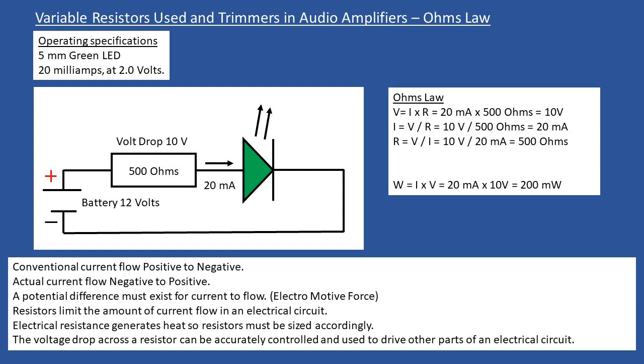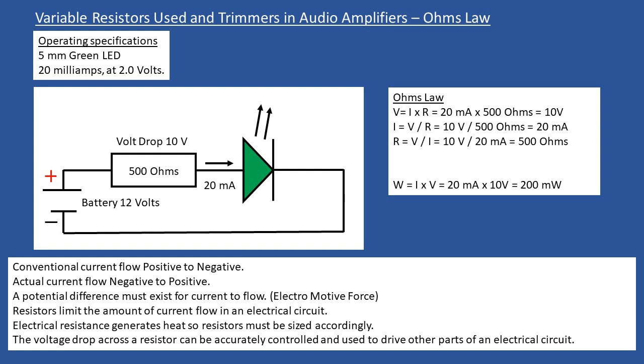If both terminals were anodes, then again there is no potential difference, so no current can flow. So when we talk about electrical current and the amount of current that flows through a series circuit, what I'll explain to you now is that in reality what we are doing is changing the voltage level or the potential difference, which in itself then limits the amount of current that can flow.